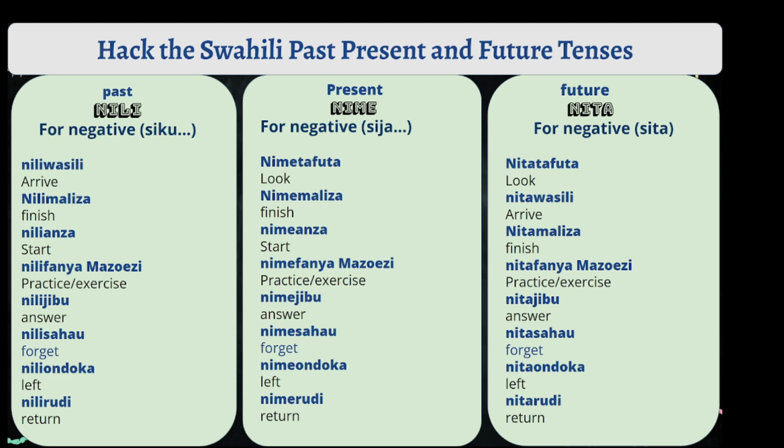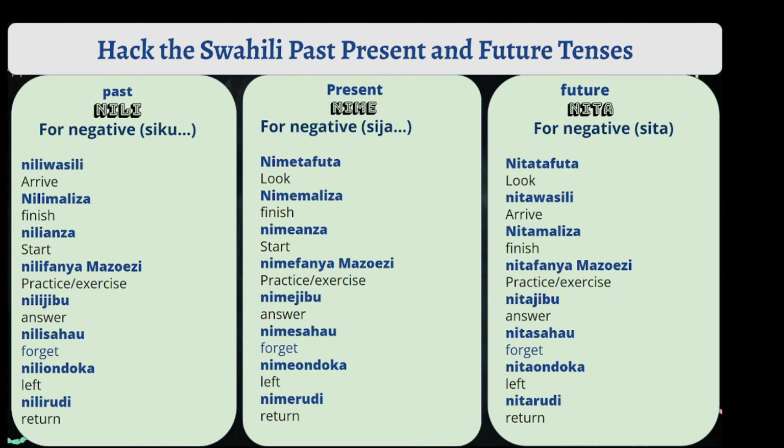See how that works? Nilimaliza means I finished. Sikumaliza means I did not finish. Nilianza, I started. Sikuanza, I did not start. Nilifanya, I did. Sikufanya, I did not do. You can see how it flows. Nilijibu, I answered. Sikujibu, I did not answer.